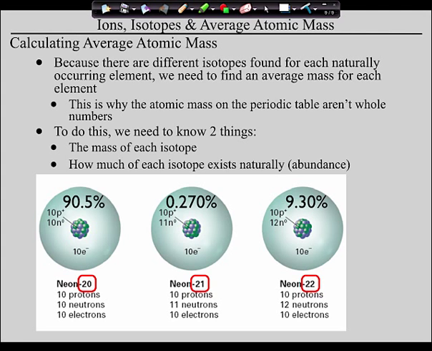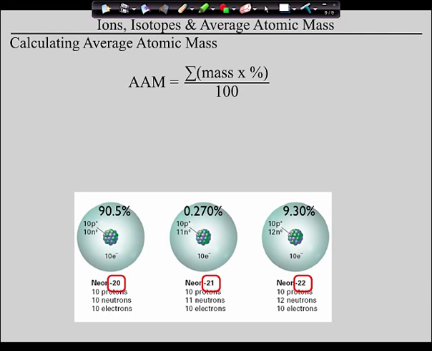This you need to write down. Guys, this is how we come up with the number. This is an equation you need to be able to know and manipulate. So AAM is average atomic mass. And AAM, average atomic mass, equals sigma times mass times percentage divided by 100.